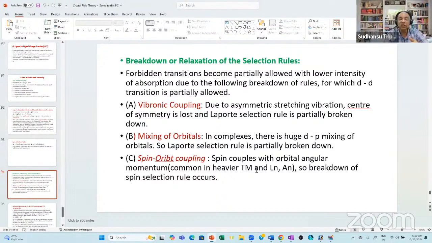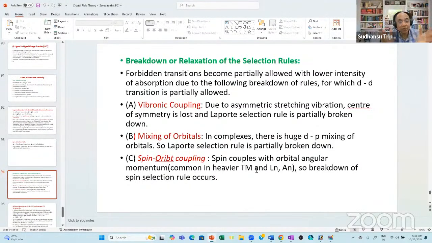The orbital motion also contributes. So there is always a vector sum of the magnetic moment produced by the spinning electron and the orbital motion. That is called LS coupling. So that makes the spin selection rule a little relaxed. So you cannot say that delta S will be 0, that the same spin will be retained.